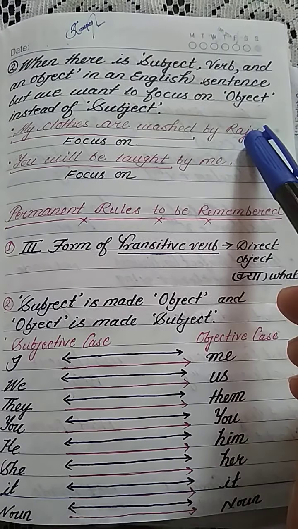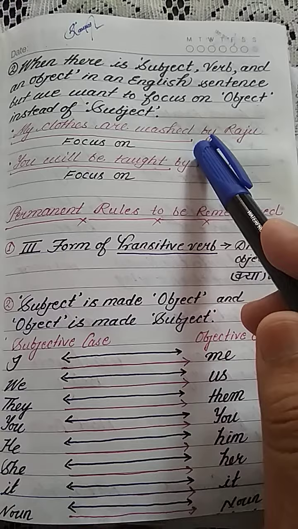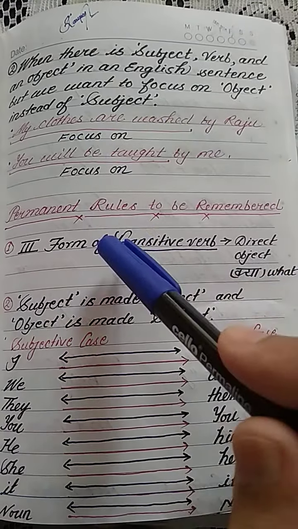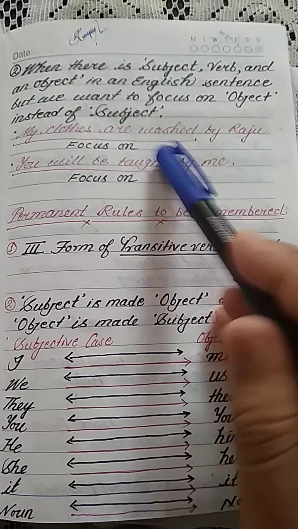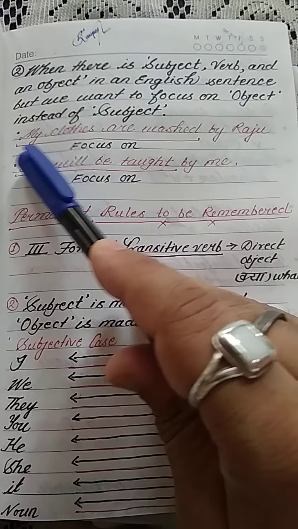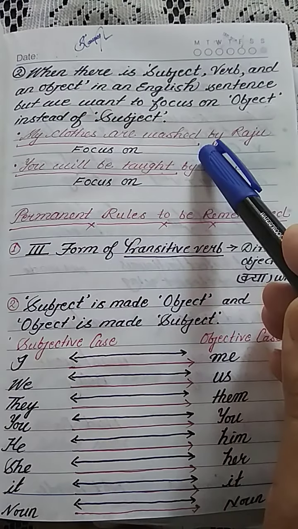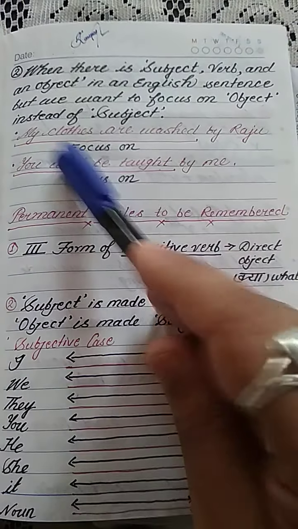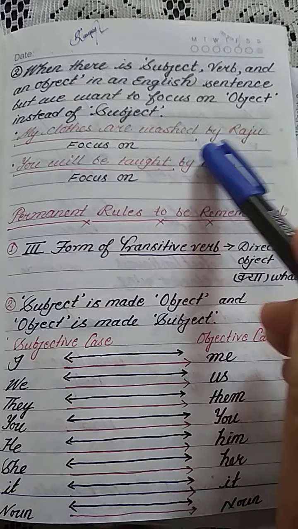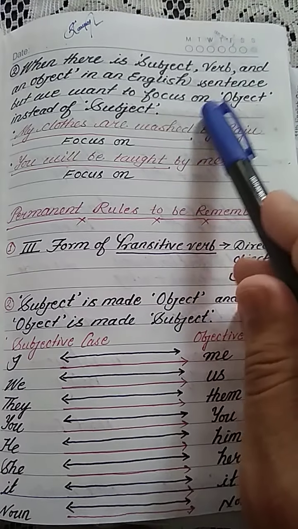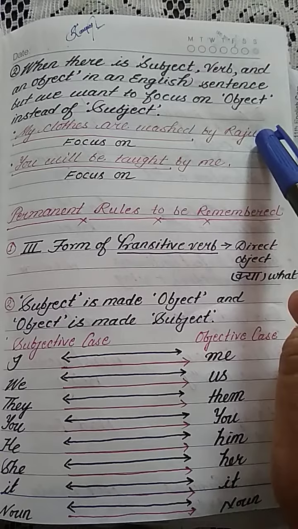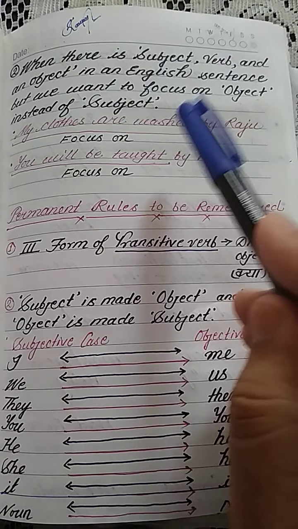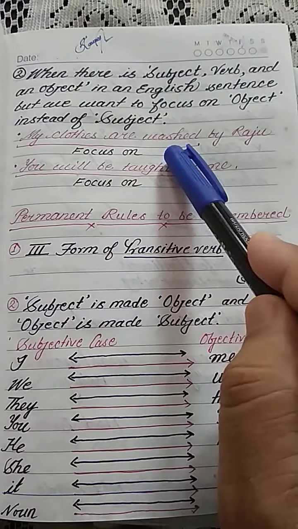This is the passive voice form of the earlier sentence we took in active sentence. Look at, my clothes are washed. That means I want to focus on this particular point: my clothes are washed. It is a secondary thing for me by whom it is washed; I am focusing on the fact that my clothes are washed.